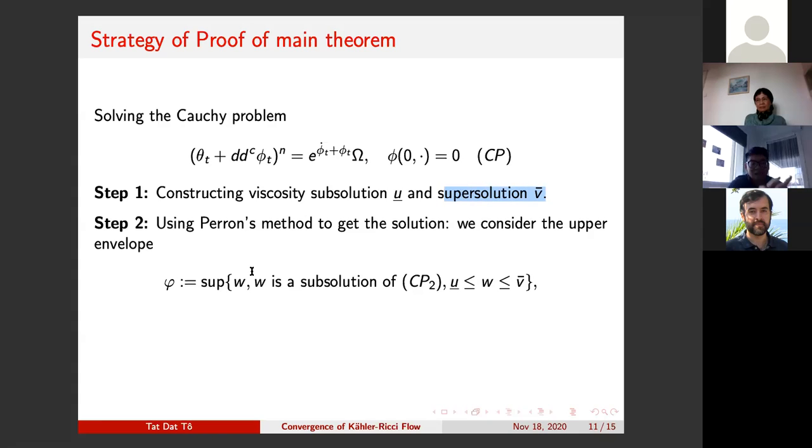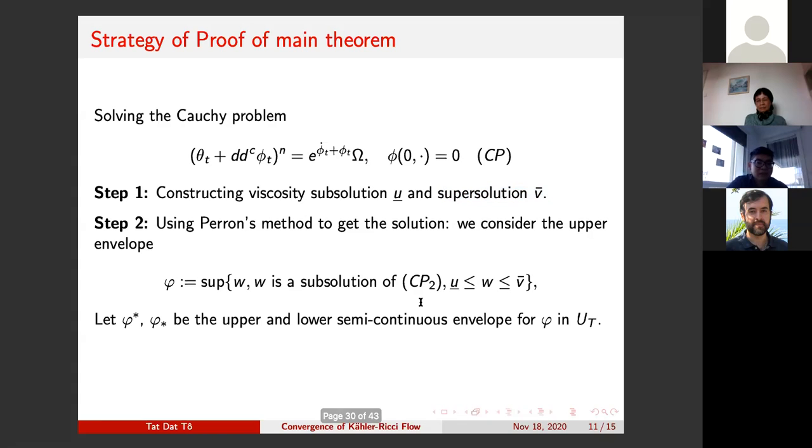So we have the upper bound and the lower bound, and we take the supremum of all subsolutions inside this bound. Then we take the upper and lower semi-continuous envelope for phi in U_t, on the ample locus.